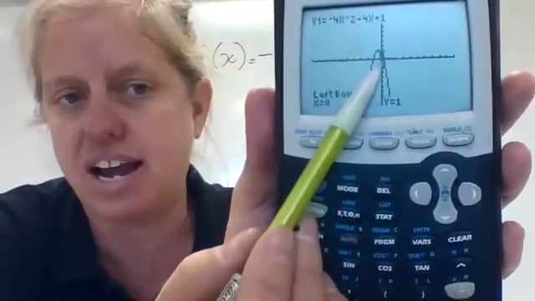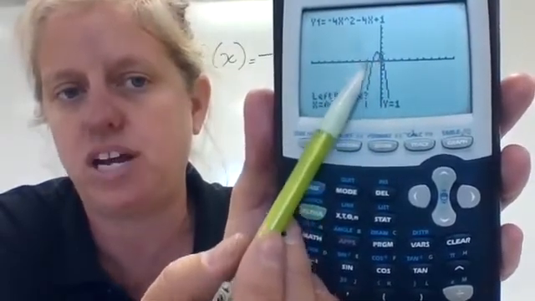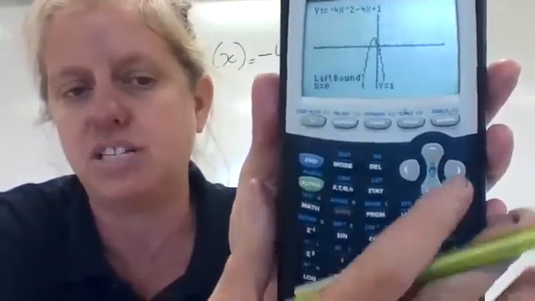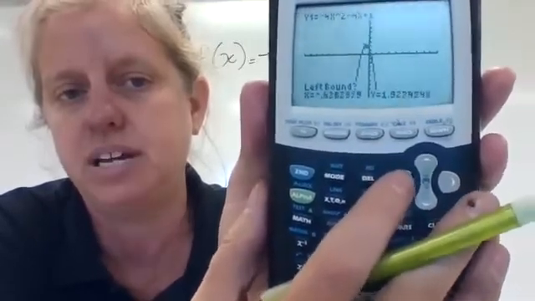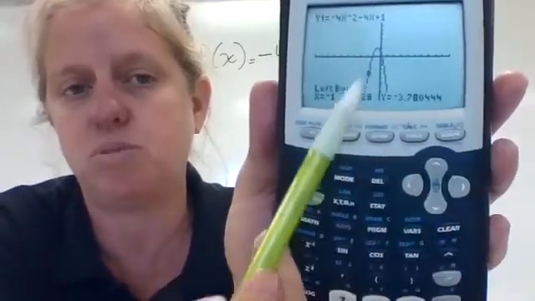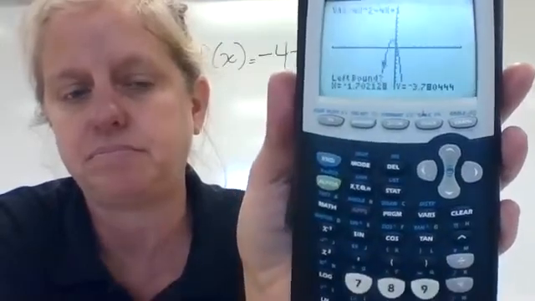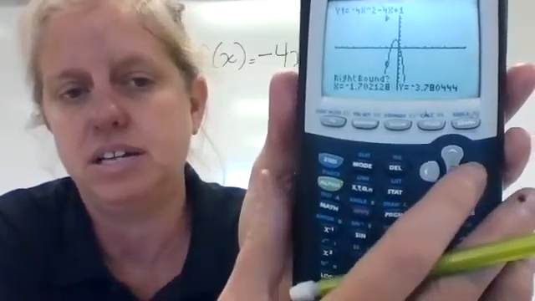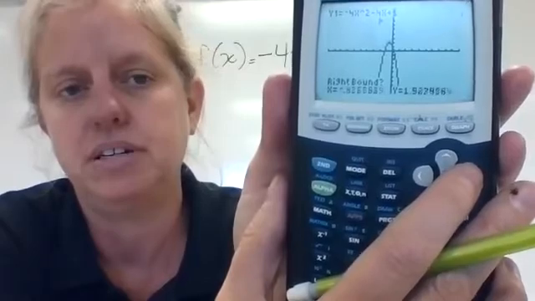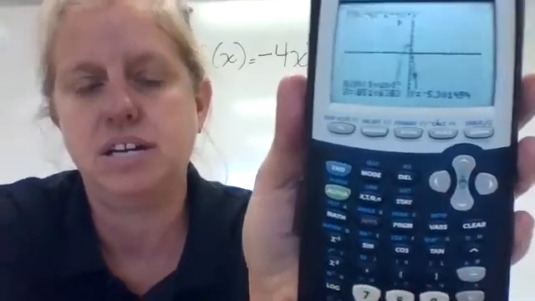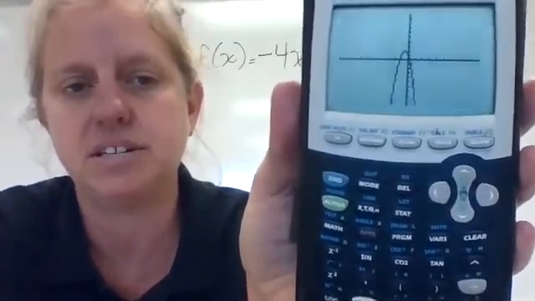Is it on the left side? I see it blinking right there. So I need to move it over to the left side. So I'll just hit my left button until I see my cursor move over to the left side. Then hit enter and use my right button to move it over to the right. And then hit enter twice.